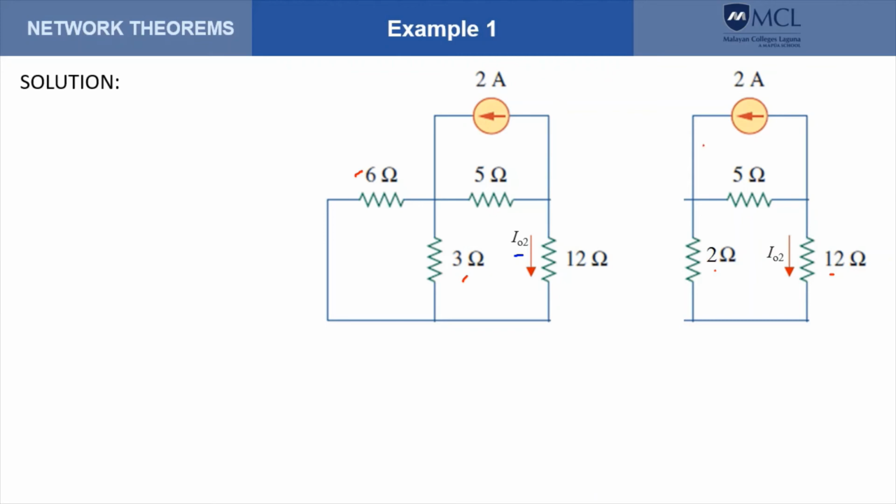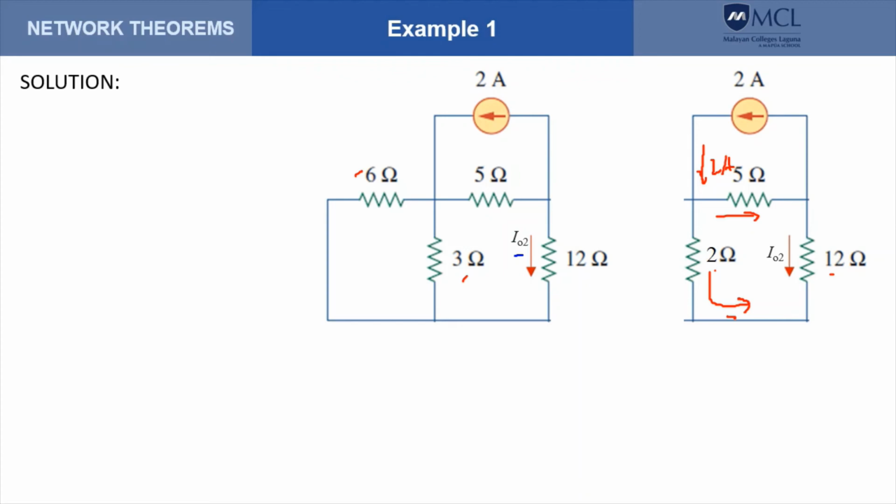So now current is flowing here. So this is 2 amperes towards the parallel combination. So we can get this current and this current. Now we're interested in this current because this is the current that flows through the 12 ohms.